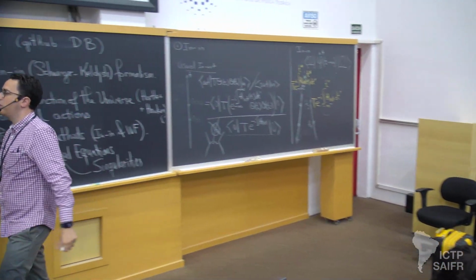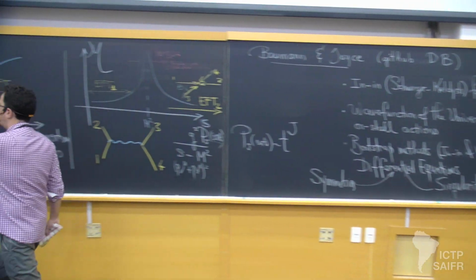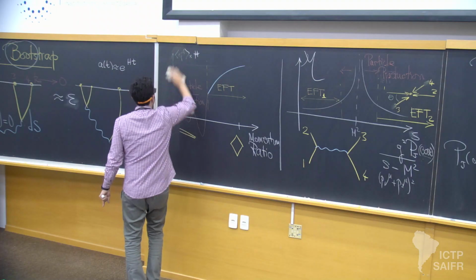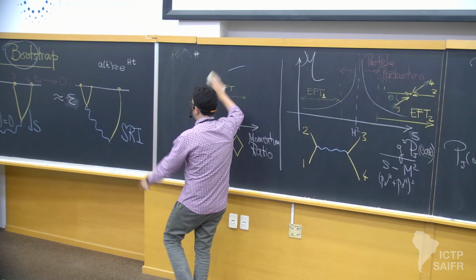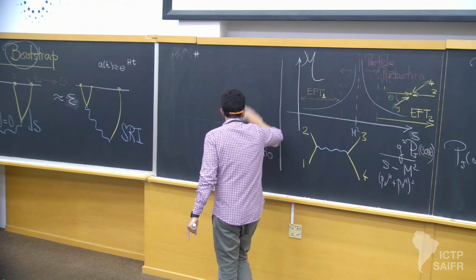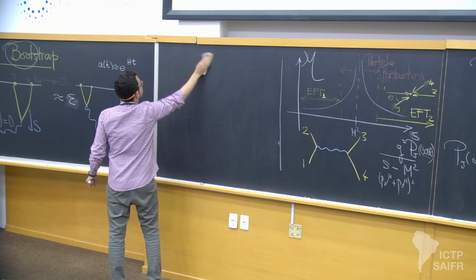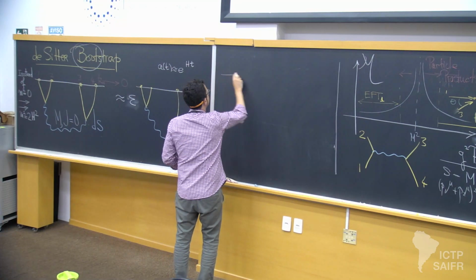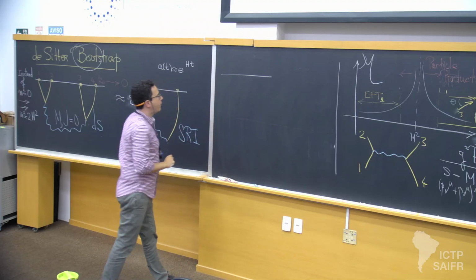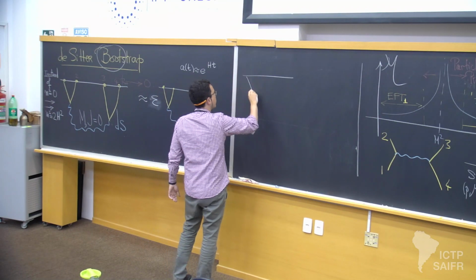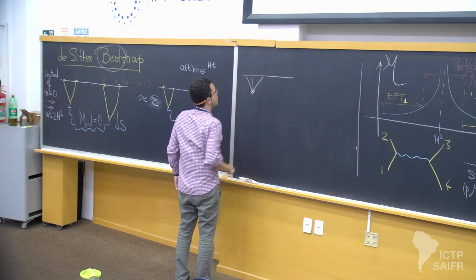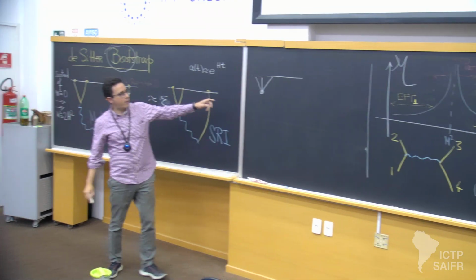Just to give you a flavor of what happens, we're going to do some actual computation, but not in that example. It's to gain some intuition. So if I have a 3-point function, then I would have a propagator.